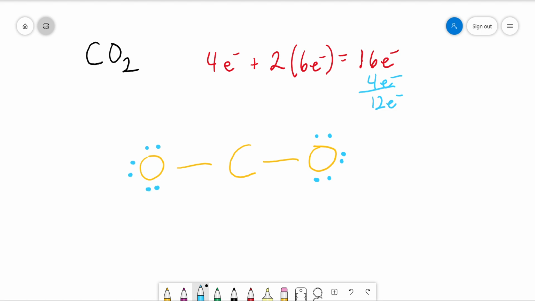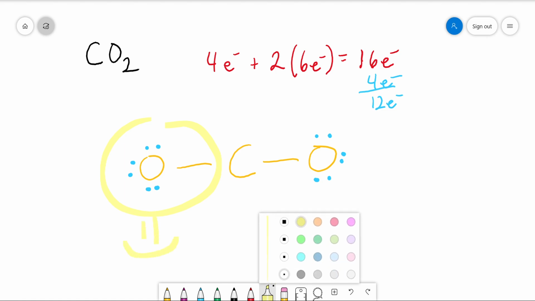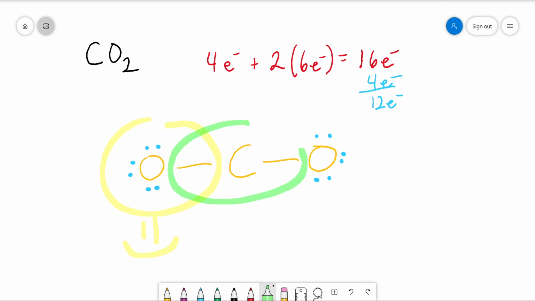Okay, we're good, right? Well, let's find out. Oxygen has a full octet. It's good. Carbon, however, does not. Carbon, it's sad. It has only 4 electrons, so it needs a full octet.